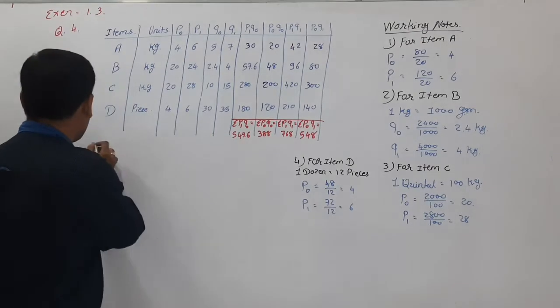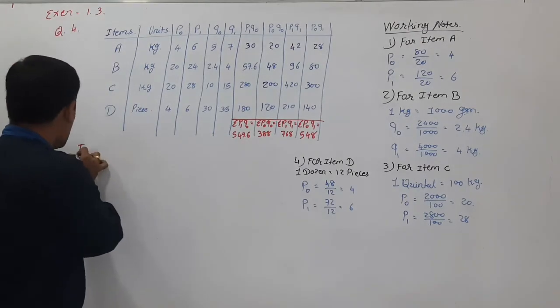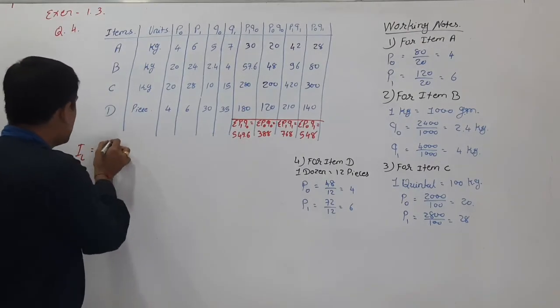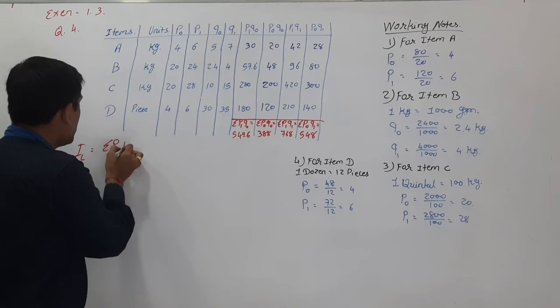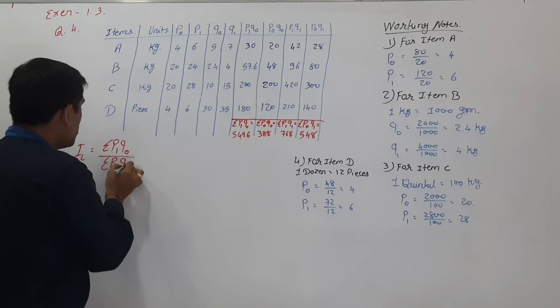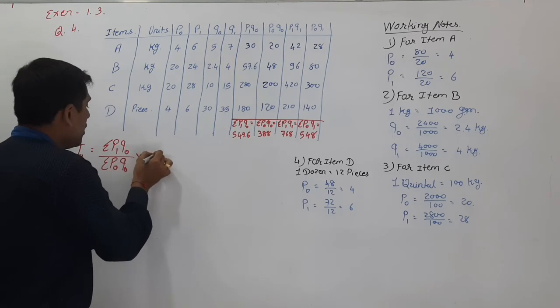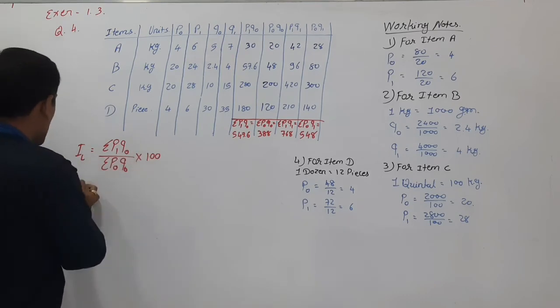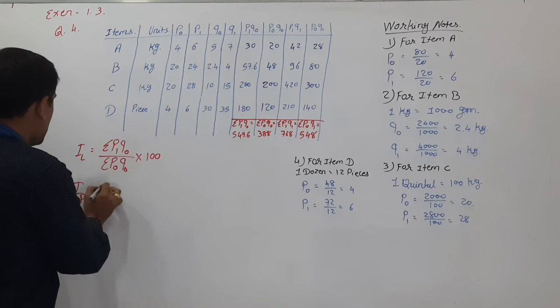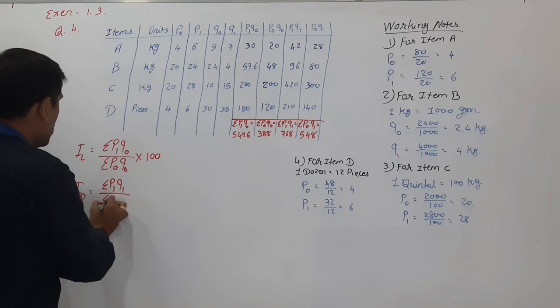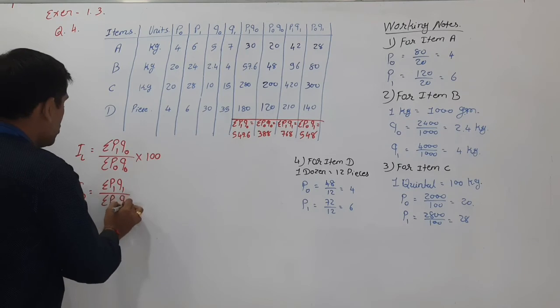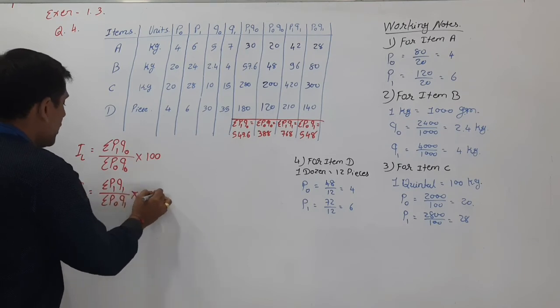So here I am writing IL is equal to sigma P1 Q0 upon sigma P0 Q0 into 100. Second one, IP, that is sigma P1 Q1 upon sigma P0 Q1 into 100.